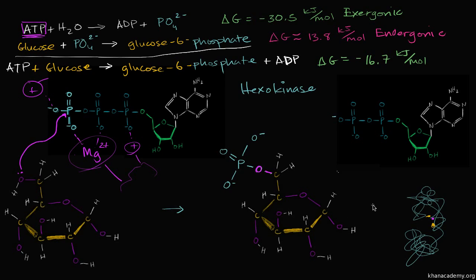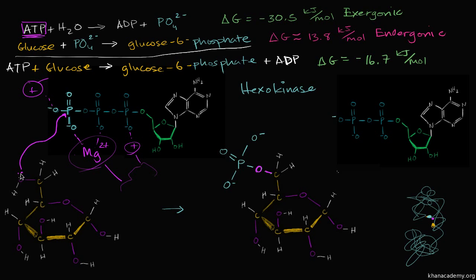I'm just giving you an example. This isn't exactly what's happening, but by essentially wrapping it with this positive charge, it's able to pull the electrons away to help facilitate this nucleophilic attack that needs to happen for the reaction to proceed.